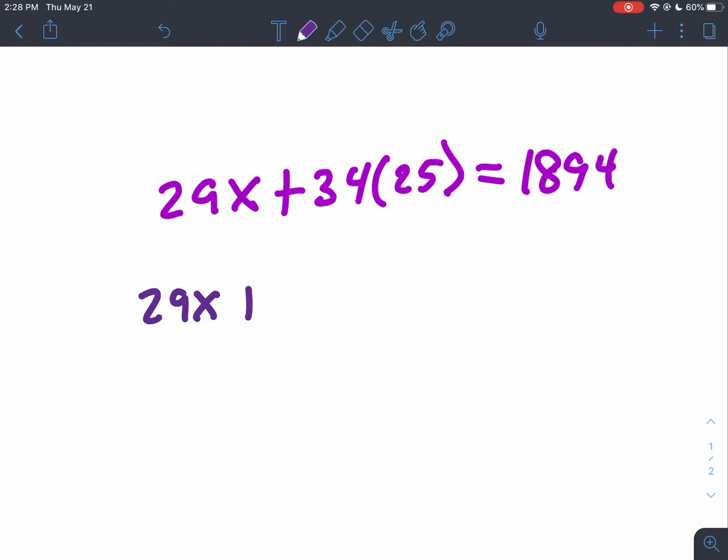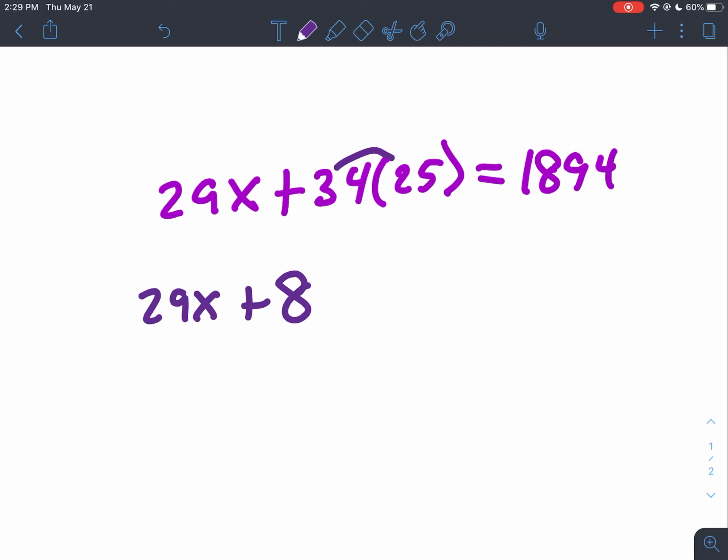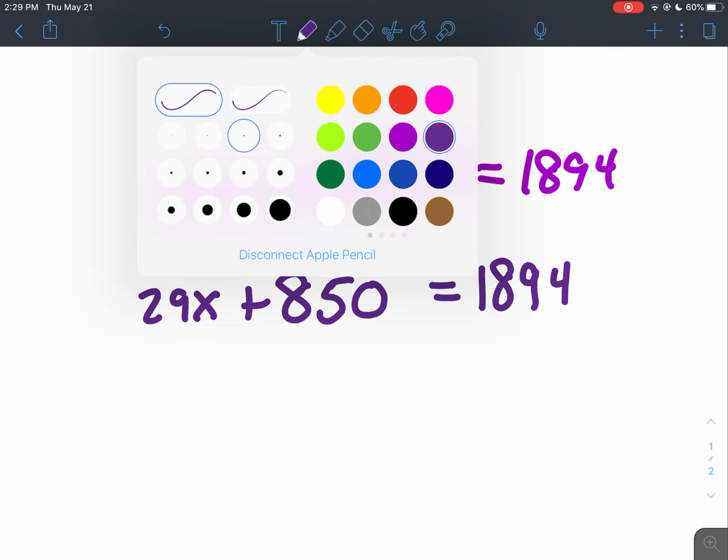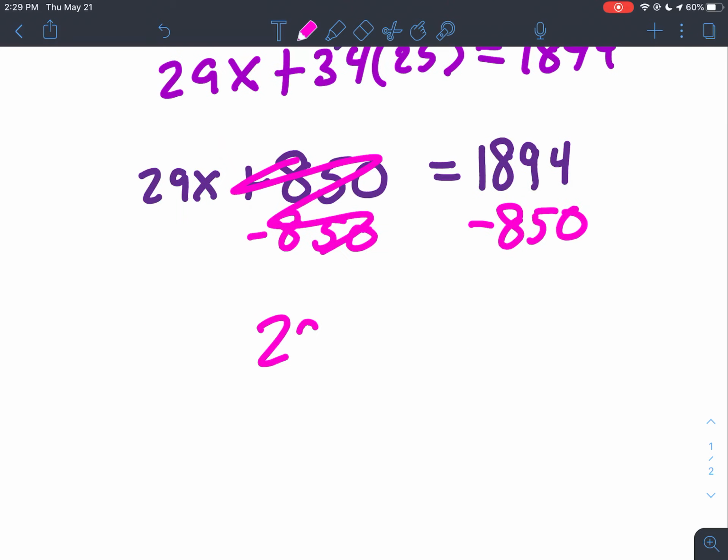So 29x, multiply this out. 34 times 25 is 850, equals 1894. Two-step equation. Subtract your 850 from both sides, and you get 29x equals, what is that, 1044?